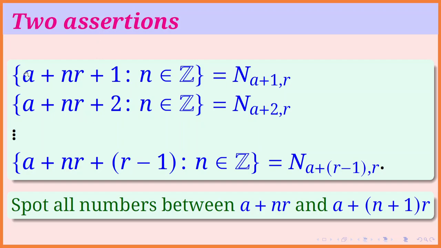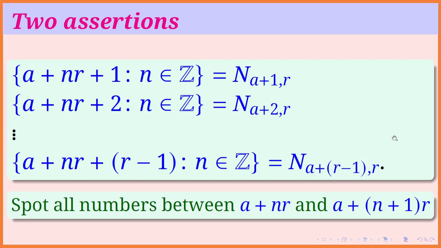So these R minus 1 sets actually constitute the complement of N(A,R), and this set is obviously the same as N(A plus 1, R). Whether you write A plus 1 here, or A plus 2 here, it is exactly this one only.